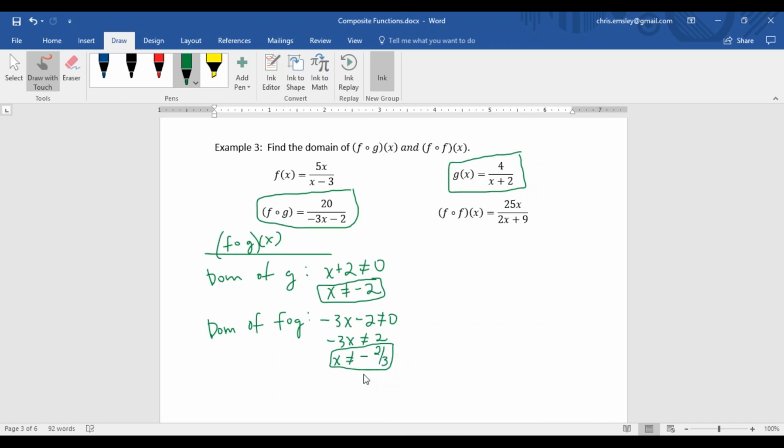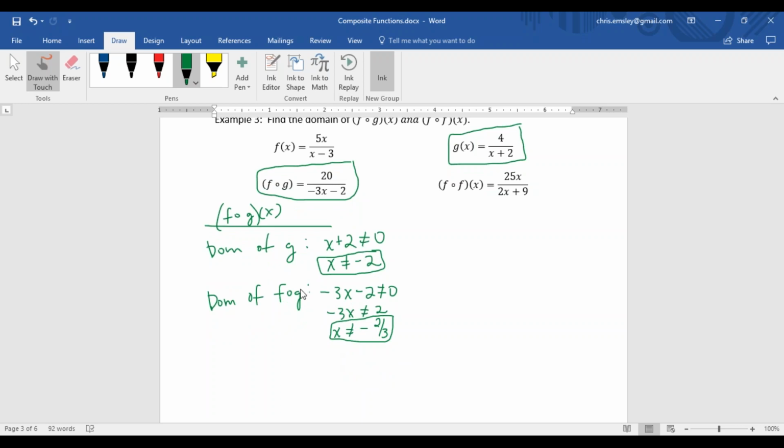So basically, in words, x can be anything, all real numbers, except for negative 2 and negative 2/3. When we put that into interval notation, we'd start at negative infinity, stop at negative 2 to kick that number out, and then continue on until we get to negative 2/3, and stop to kick that number out, and then continue on to positive infinity. This would be our domain of g of f of x.